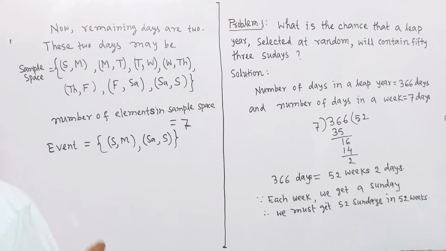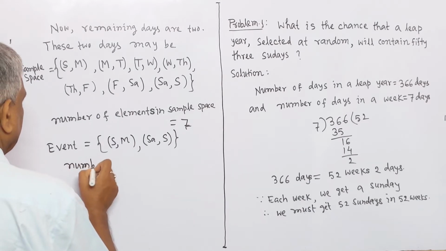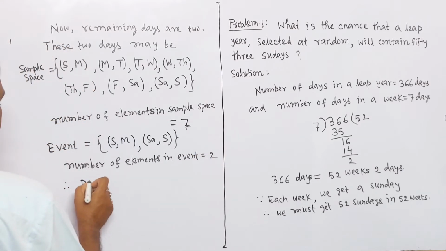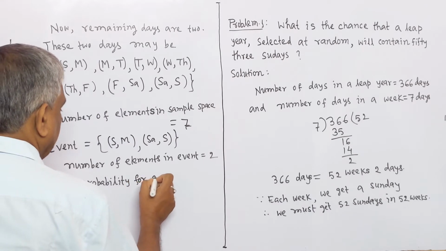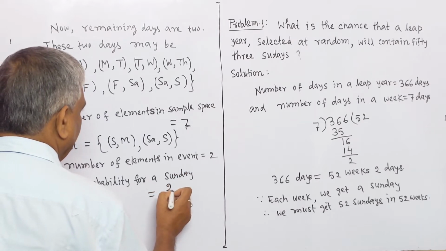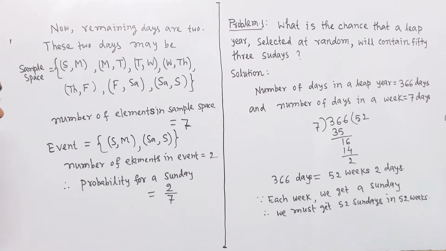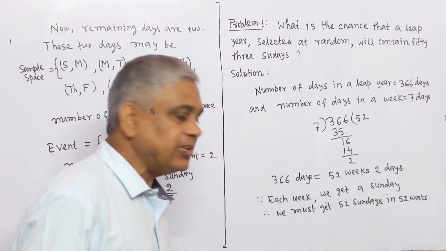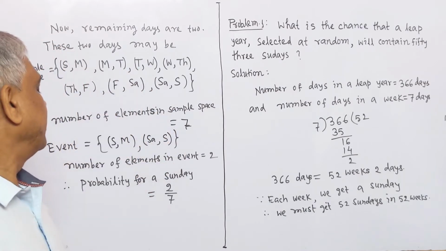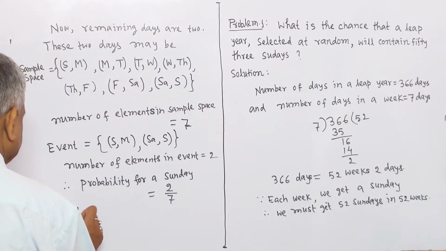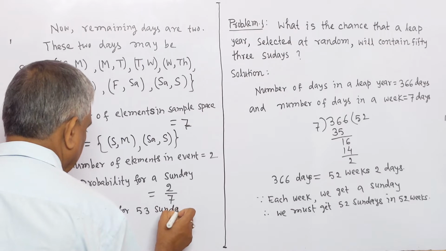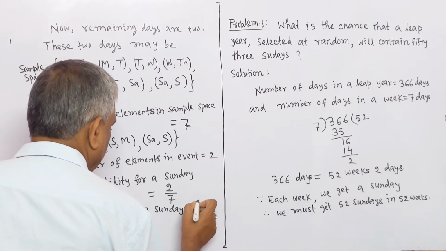So number of elements in event equal to 2. Therefore, probability for a Sunday equal to 2 by 7. Since already we have 52 Sundays here, and here we take one Sunday, therefore, probability for 53 Sundays equal to 2 by 7.